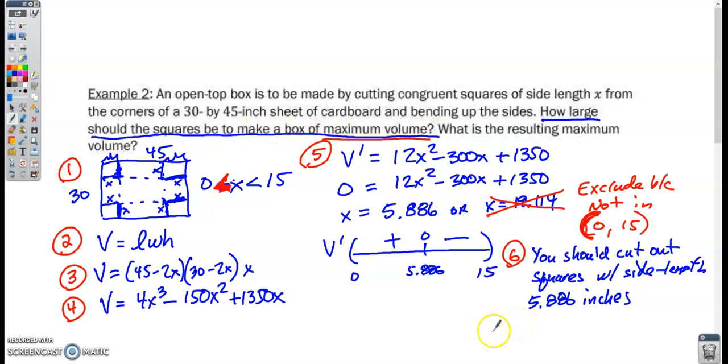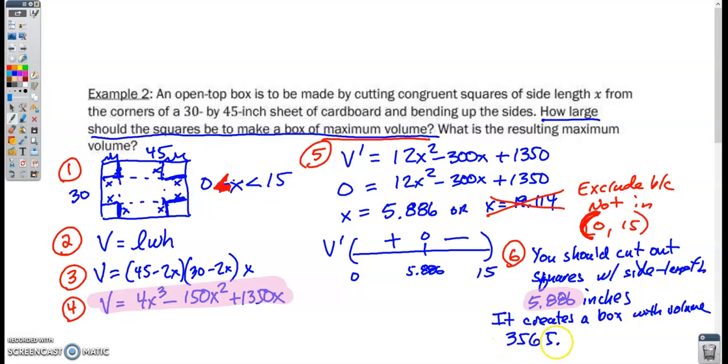The resulting maximum volume, if I substitute this value back into the volume equation, it's going to give me a volume of 3,565.032 cubic inches. Please note, this is a rounded value.